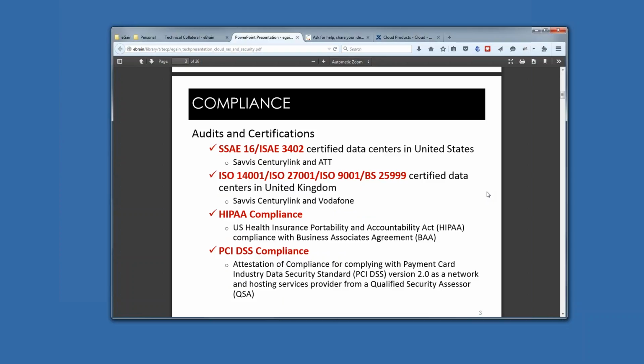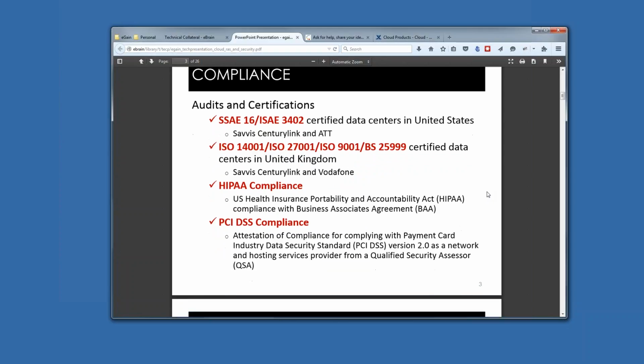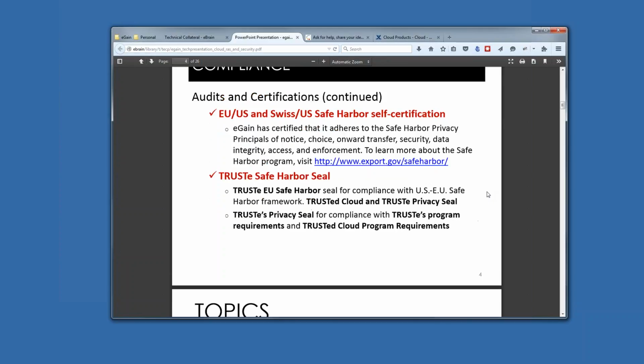We also have options for HIPAA and PCI compliance for Platinum customers who want to pay for that. For our EU customers, we also have Safe Harbor. If they care about it, they're going to want to know about it. If they're not sending any data across, then they probably don't care.